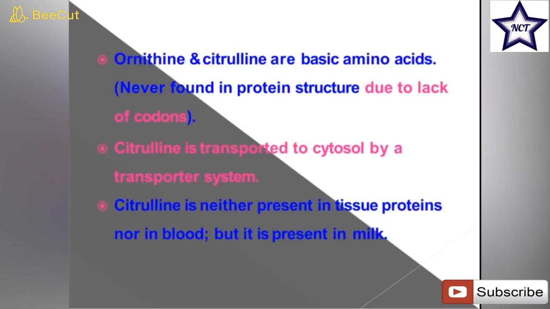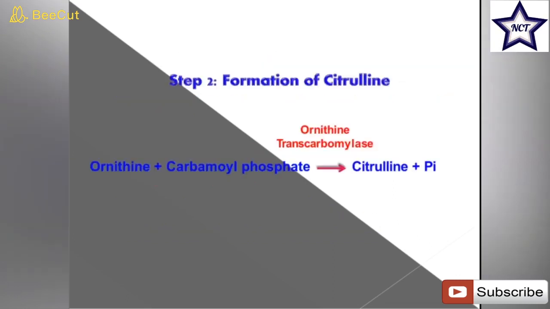Ornithine and citrulline are basic amino acids, and citrulline is transported to the cytosol by a transporter system. Citrulline is neither present in tissue proteins nor in blood, but it is present in milk, and it is never found in protein structure because it lacks codons. So this is the final reaction of step 2.